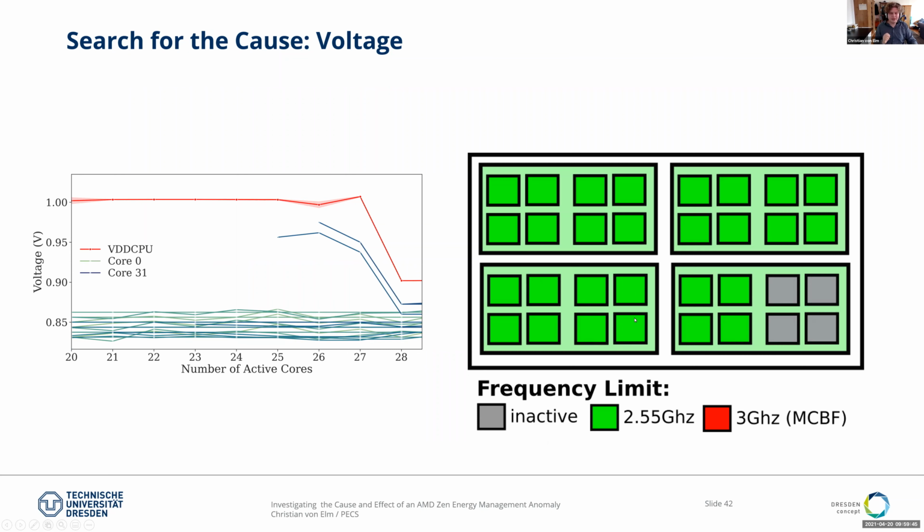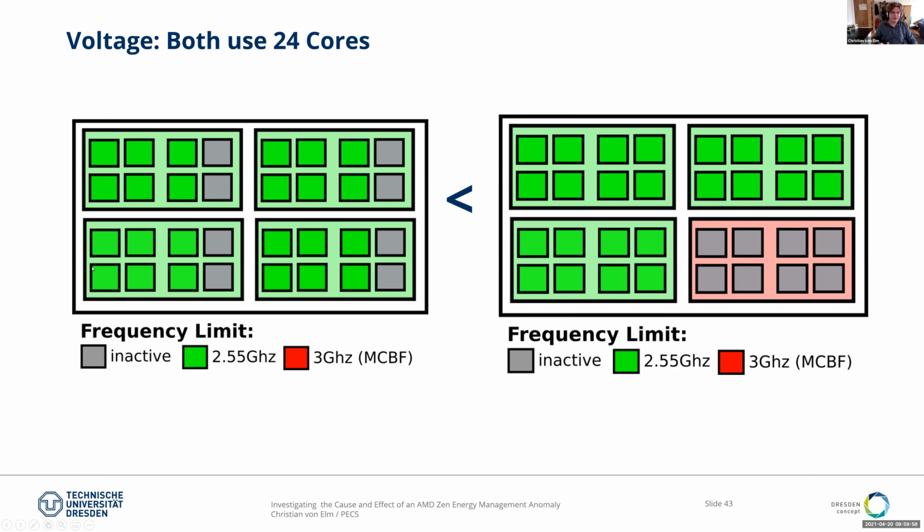When we additionally compare configurations where on the left-hand side, the active cores are arranged in a way where none of those have a frequency limit of 3 gigahertz, and on the right-hand side, it has the same amount of active cores, but they are arranged in a way that the cores in that NUMA node could have a frequency limit of 3 gigahertz, we have seen that the power consumption of this with no frequency limit of 3 gigahertz theoretically or practically has a lower power consumption than this where it is theoretically possible.